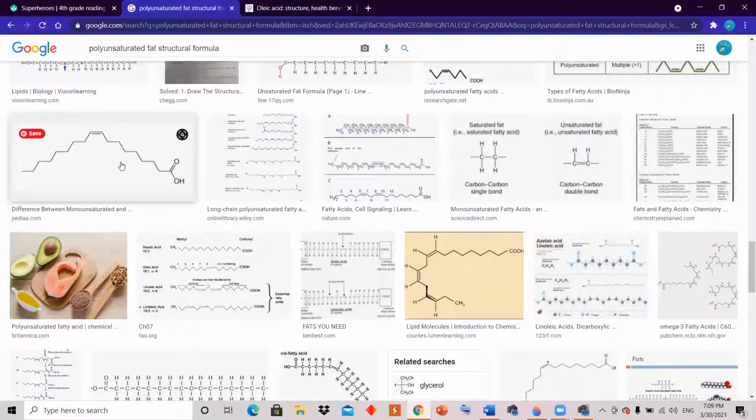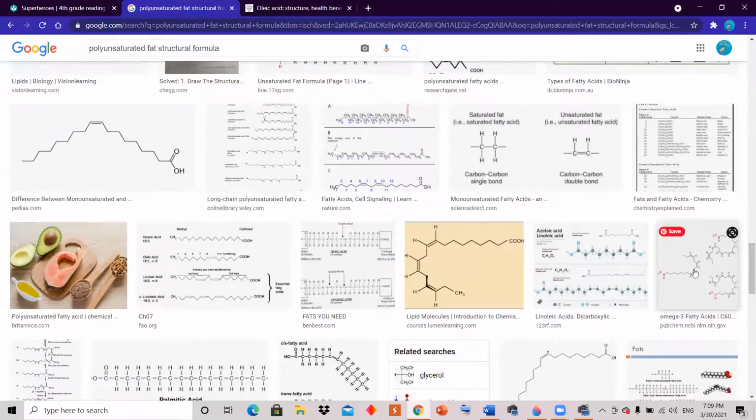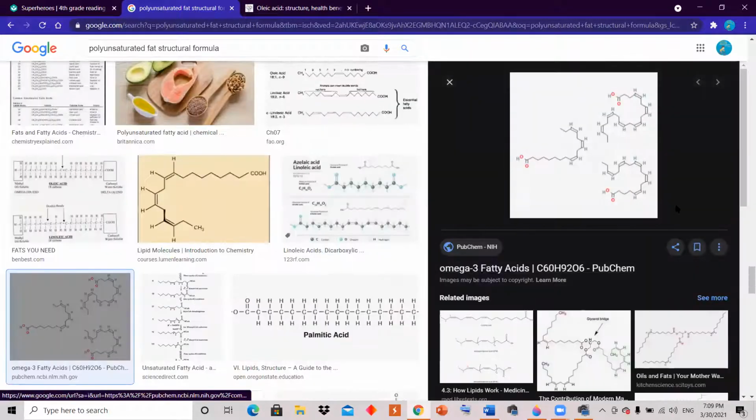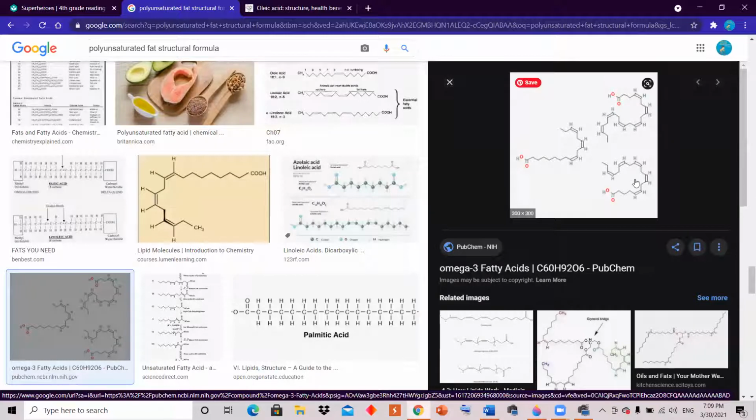Look at this. This is one example, but this is monounsaturated. I want to show you something else, maybe this one. Can you see?